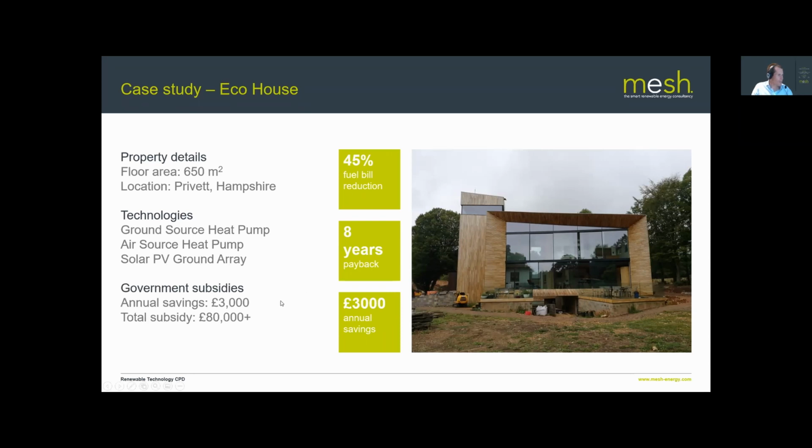So this was done in the days of the feed-in tariff of solar PV and in the days where the RHI was very generous.